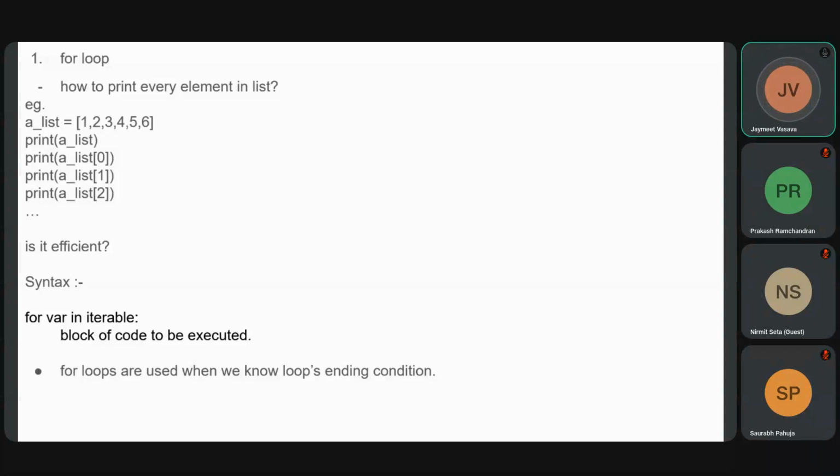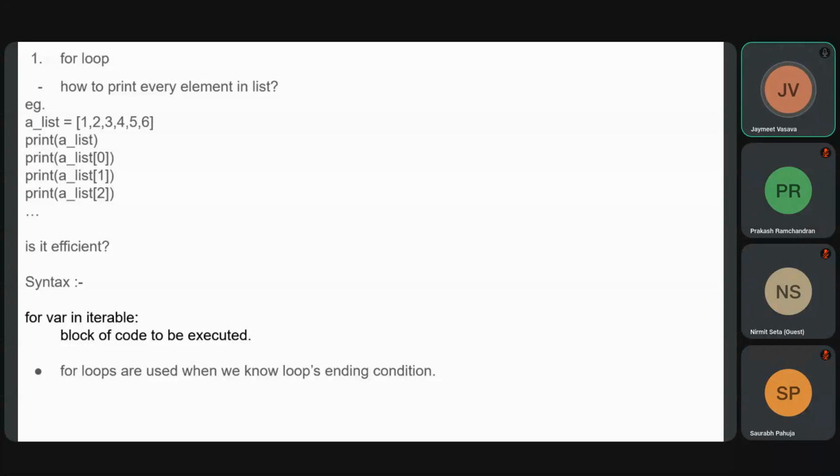Then we are printing the list with a print statement every time. Now, this becomes very verbose and very inefficient in a way. So in such kinds of iterations, we use a for statement or a for loop.